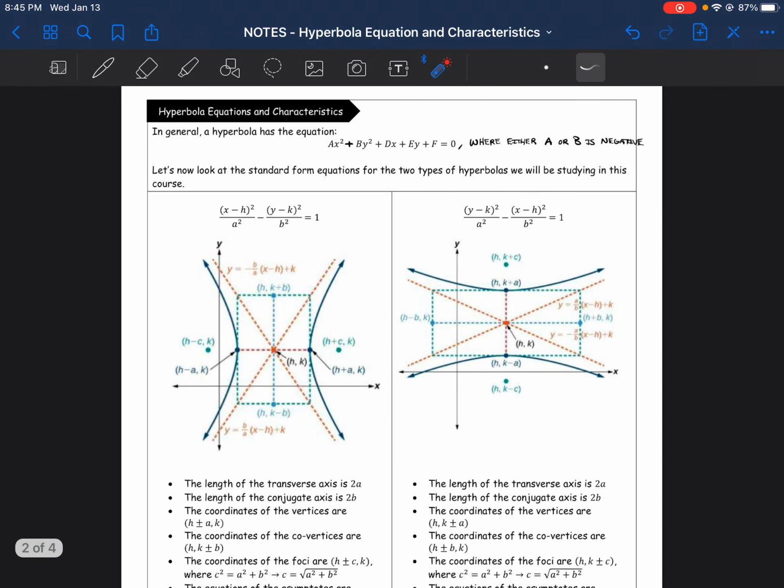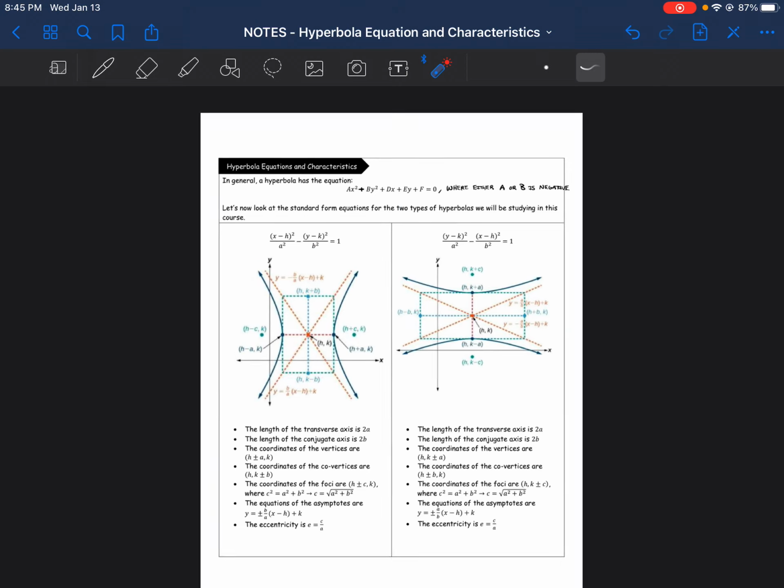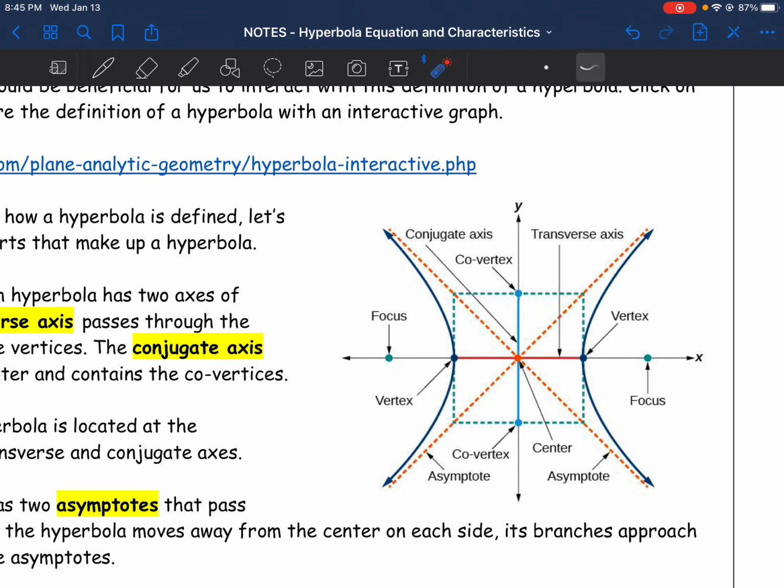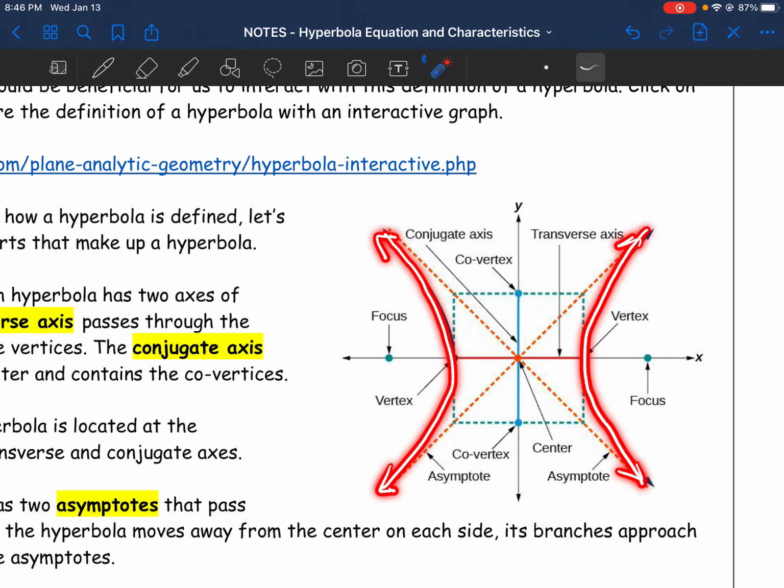Okay. Something also to notice about hyperbolas: when we think about ellipses, we would have had the vertices and the co-vertices, and that would have helped us sketch the graph of the ellipse, right? Well, notice that for a hyperbola, it's almost like we took the ellipse and flipped it inside out to get this graph instead.